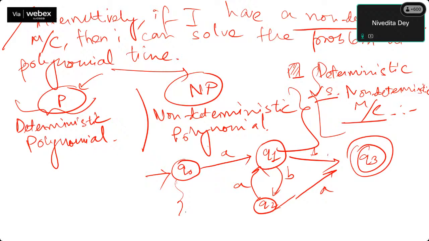But what is most important here is to understand how many states are here. Q0, Q1, Q2 and Q3. So these are all your states.